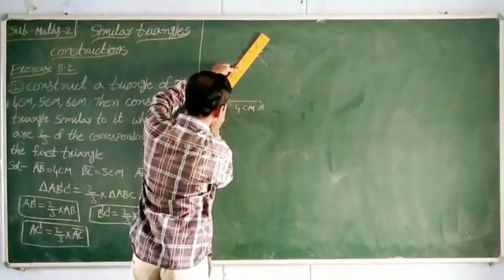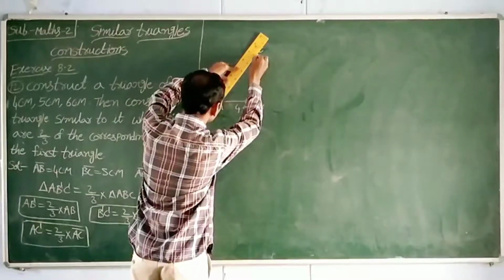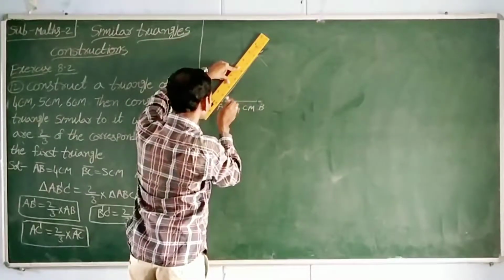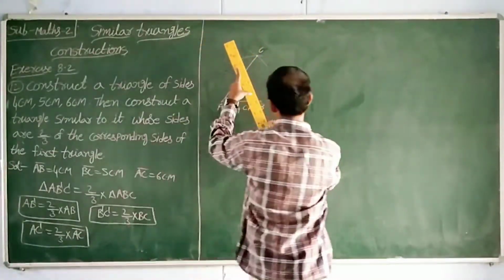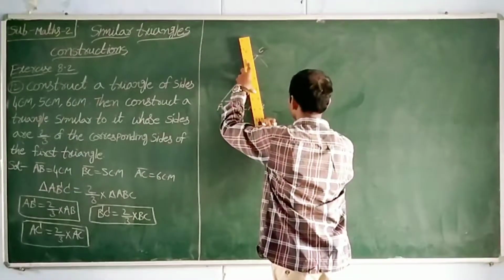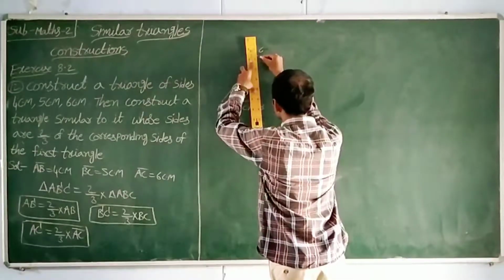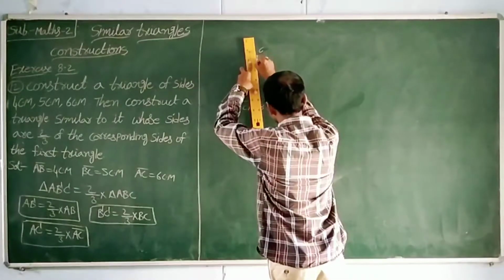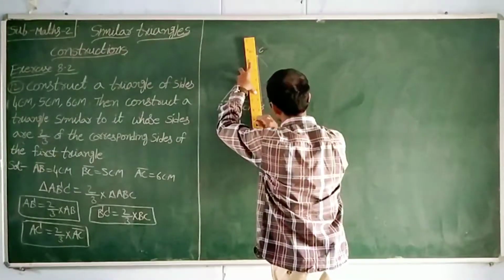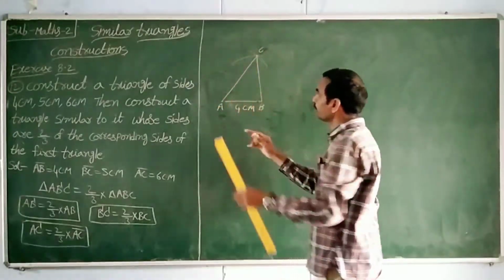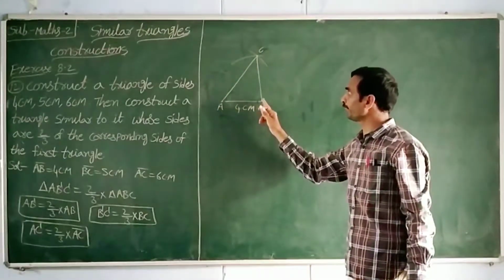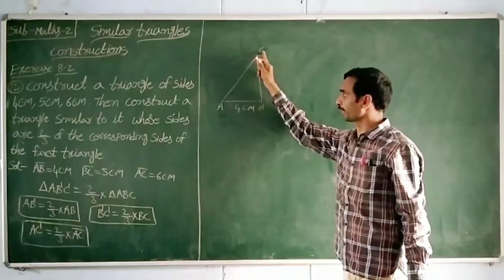Then you are getting triangle ABC. Okay, then triangle ABC is constructed.